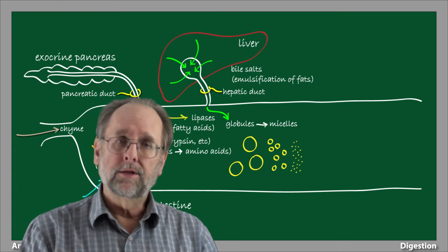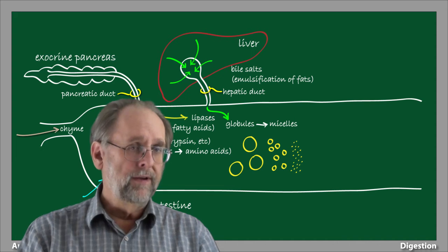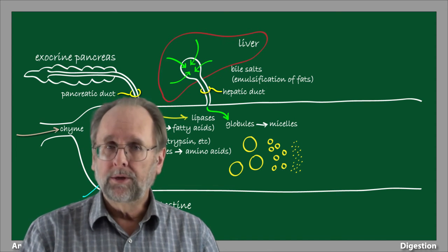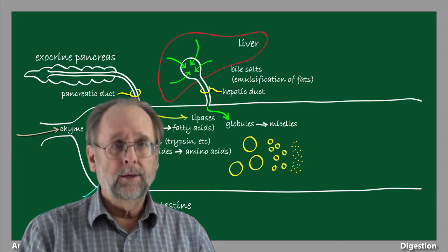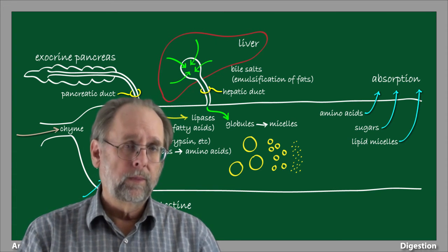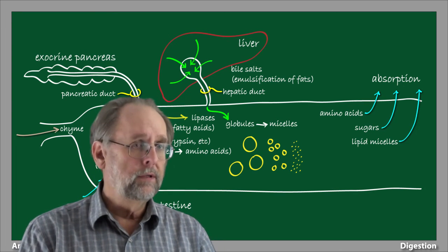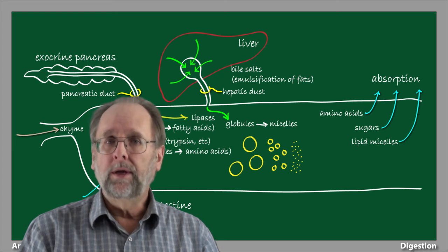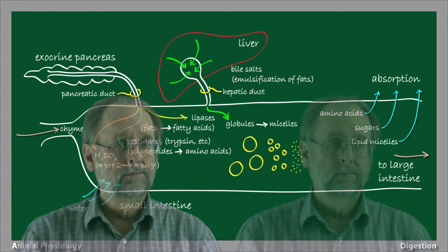What comes about in the small intestine then is the near completion of the conversion of dietary carbohydrates, proteins, and fats into amino acids, sugars, and lipid micelles that can be absorbed across the intestinal wall. We'll come back to the details of how these chemicals are absorbed a little bit later, but for now we need to carry on considering our process of digestion.